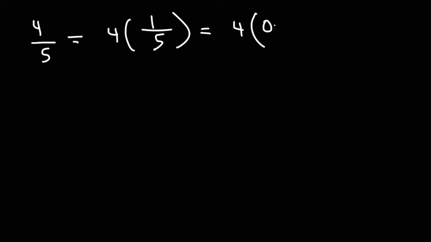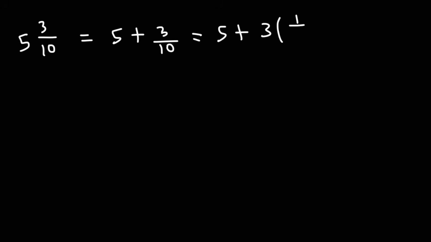Let's try another example. Let's say if we want to find the value of 4 over 5. This is 4 times 1 over 5. Now, if you remember that 1 over 5 is 0.2 or 0.20, and 4 times 0.2 is 0.8. So 4 over 5 is 0.8.